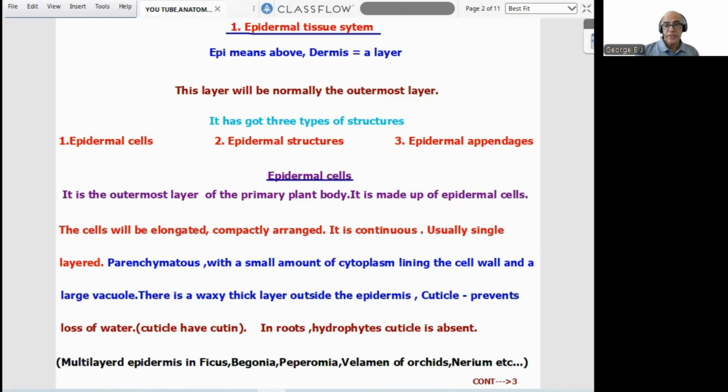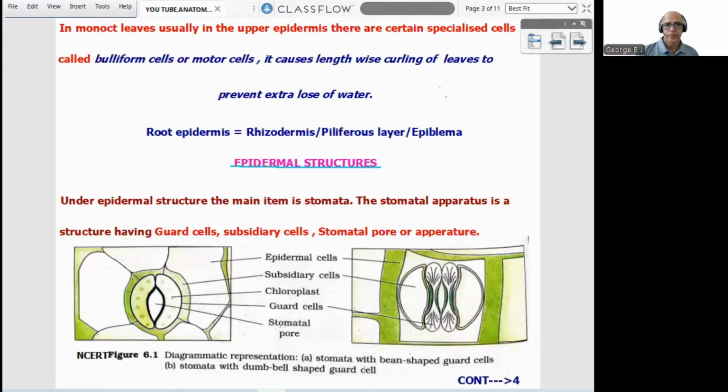In some cases, we can find multilayered epidermis, that is not directly in the NCERT still. Examples of plants with multilayered epidermis: ficus, begonia, peperomia, velamen of orchids, and nerium, etc. I think the idea is clear, so we can proceed to the next page. In monocot leaves, usually in the upper epidermis, there are certain specialized cells called bulliform cells or motor cells.